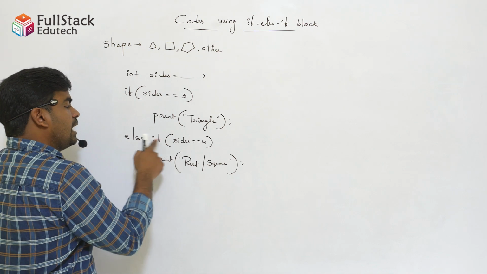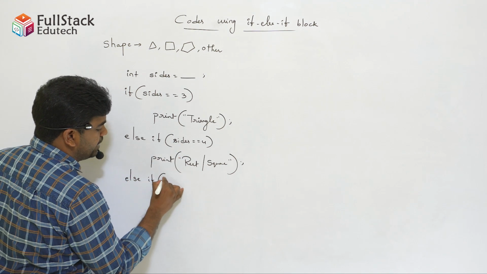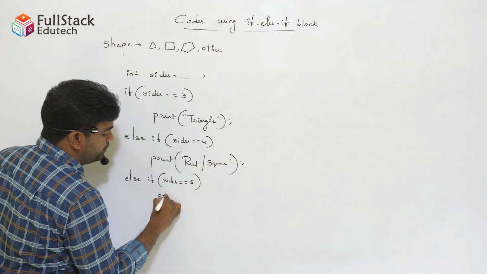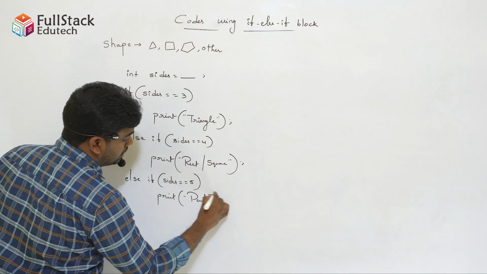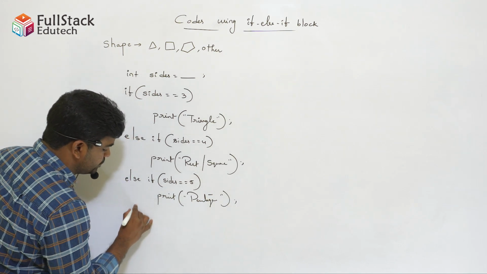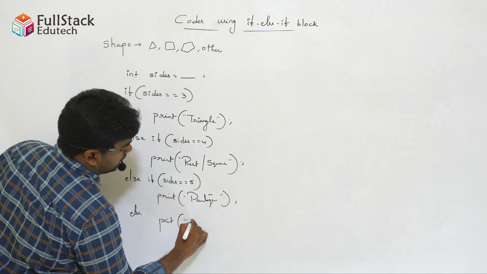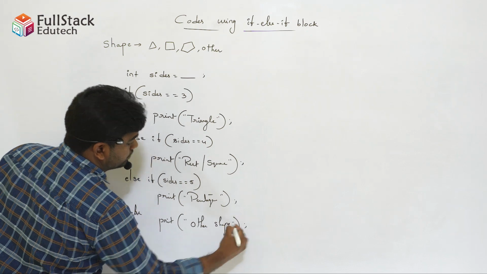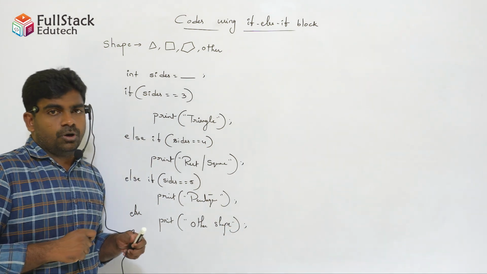This is for the second case. Else if the number of sides equals 5, then we write here, it is a pentagon. If all three conditions fail, simply we say it's another shape. This is the simple code of the if-else-if block.